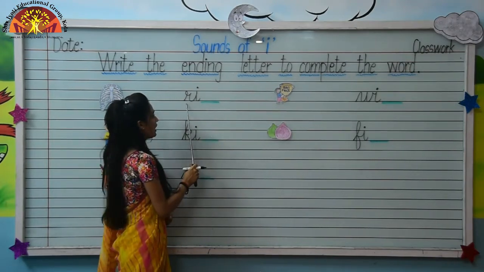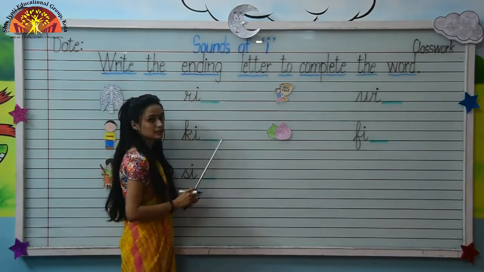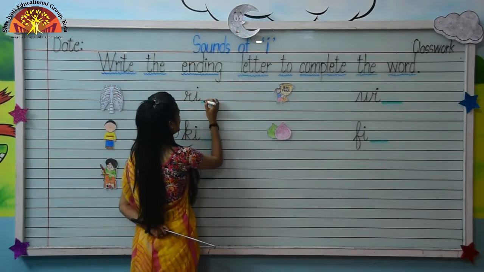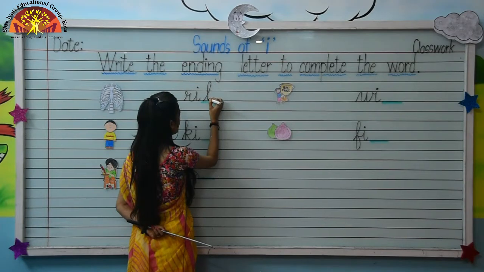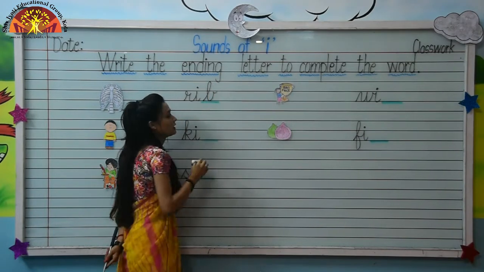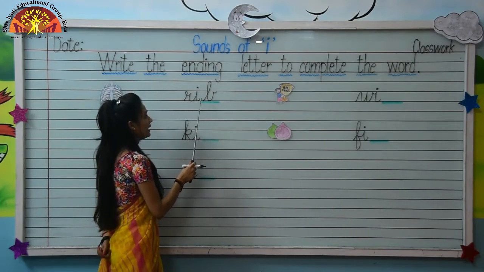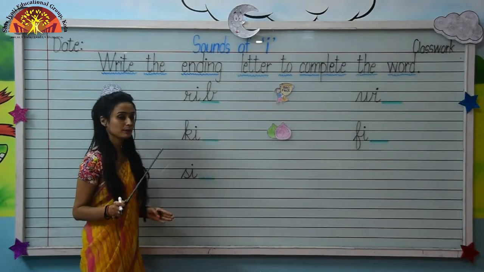As you can see, R-I is already written. The ending letter is B. So you have to write B over here like this. The complete spelling is R-I-B, rib.